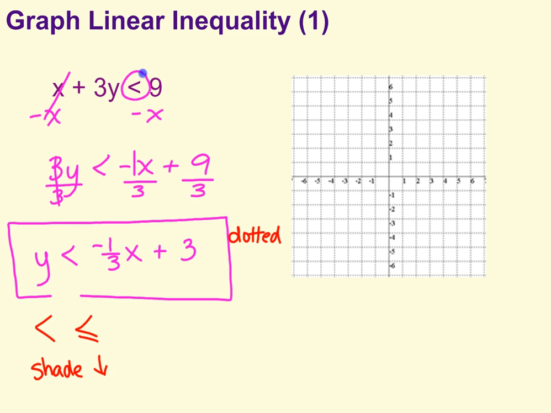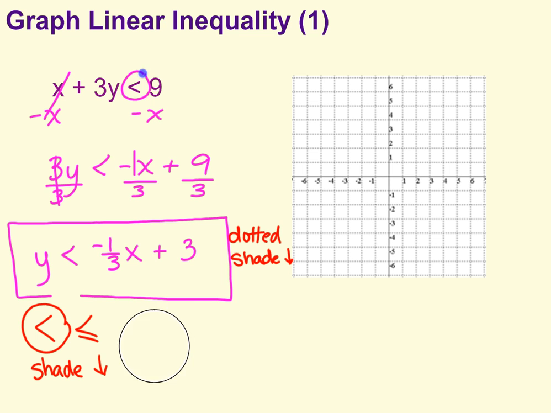If this is a greater than or equal to, anything that's greater than shades above your line. So which one do we have? We've got that less than, so less than shade below. So we will shade below the line.